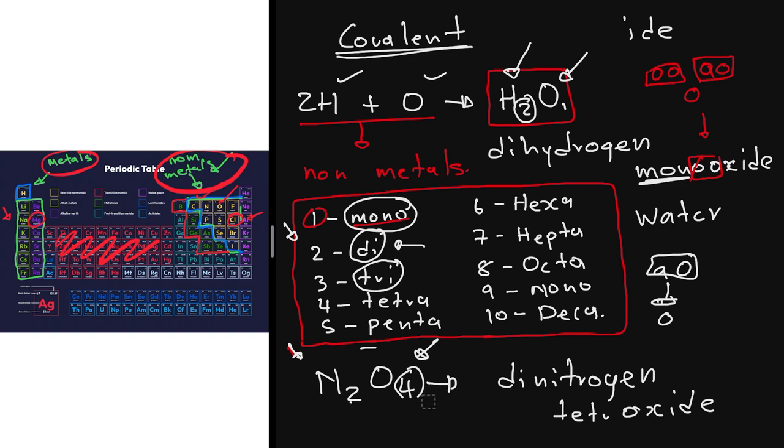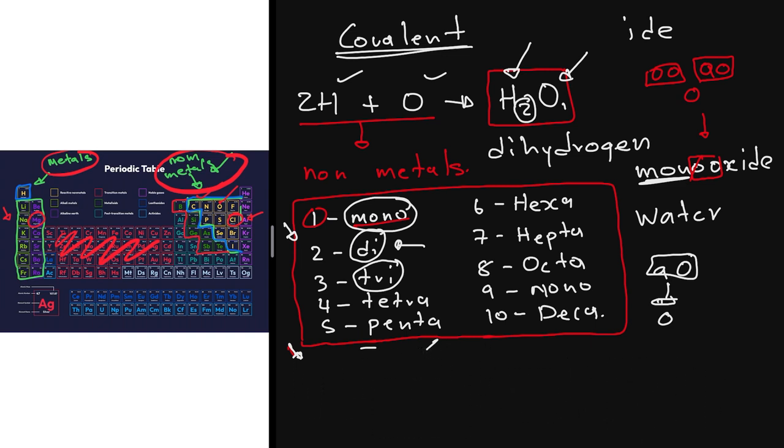The last one that we can look at is IF7. Remember, if we have the first element as just one element, we don't have to write the prefix mono. We're just going to write it as it is. I means iodine, so we're just going to write iodine. And then we look at the last part. Last part, we have fluorine. Remember, fluorine will change to fluoride.